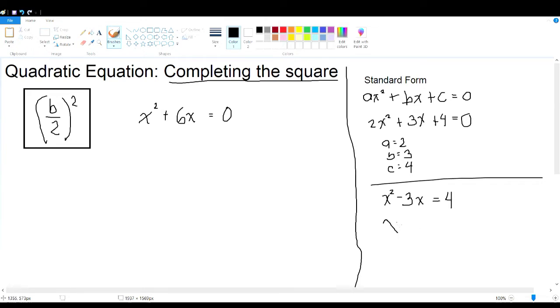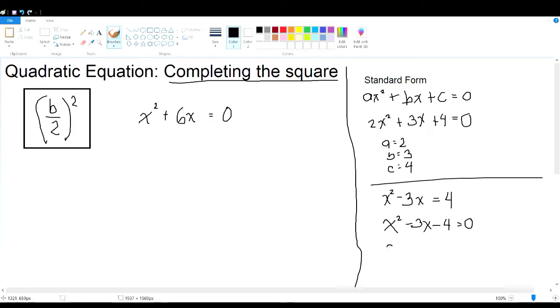So, you have x squared minus 3x plus 4 is equal to 0. Siyempre, kapag transpose mo to, lilipat mo sa kabila, from positive 4 magiging negative 4. Of course, since nakalipat na siya, wala nang matitira sa kabila, 0 na yun.